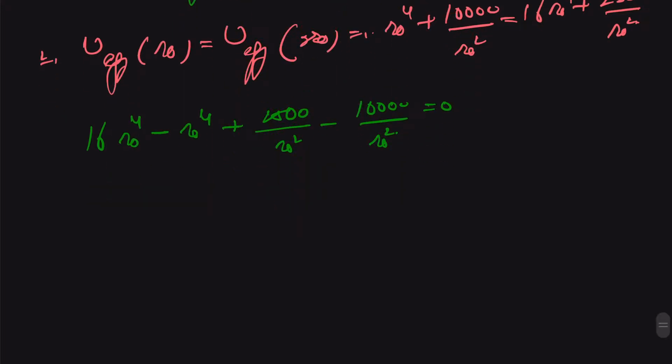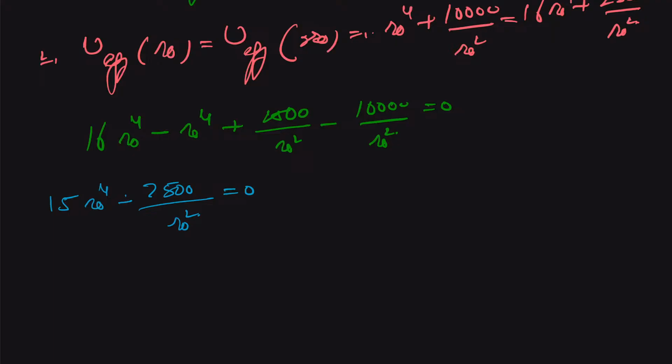Therefore from here we get 15 R0^4, and this will be minus, for the R0^2 term, 1000 minus 2500, we will be getting 7500, is equal to 0.